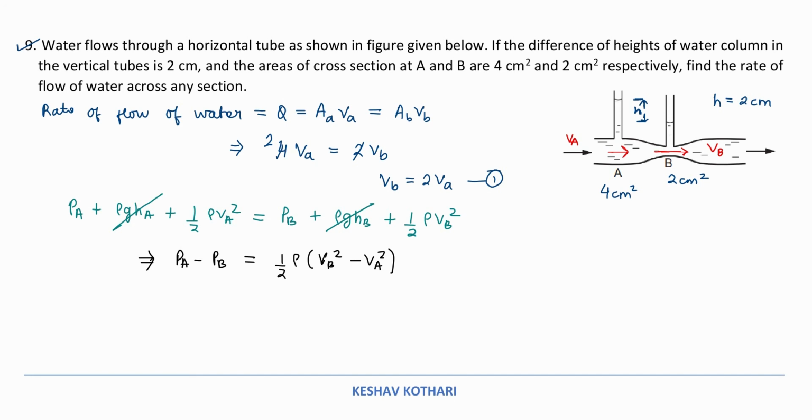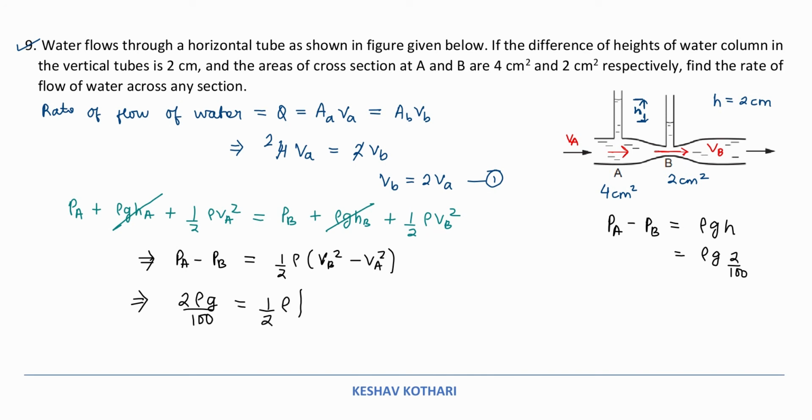So the difference in pressure between A and B can be written because of this difference in height, that is PA minus PB can be written as rho GH. So this H is equal to 2 centimeter. So we can write it as rho G, H can be written as 2 by 100. So if I substitute this value over here, I can write it as 2 rho G by 100 is equal to half rho.